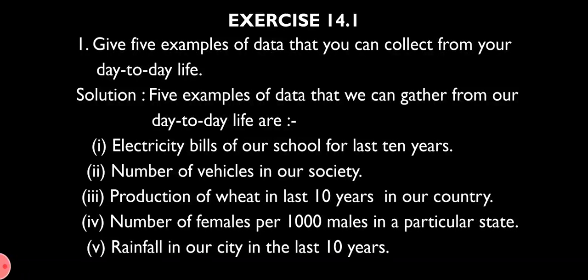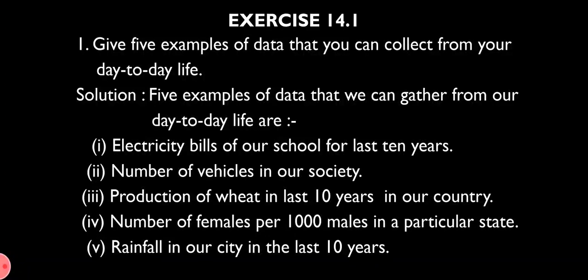So this is primary data because we ourselves can do it. Second example, number of vehicles in our society. This also a person himself or herself can collect, the information of how many vehicles are there in a society. So this is also primary data.